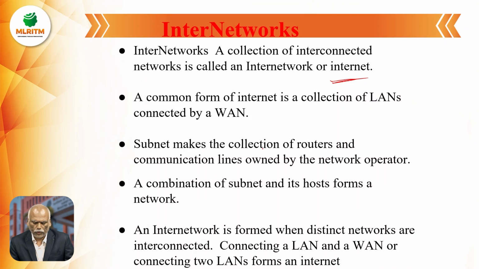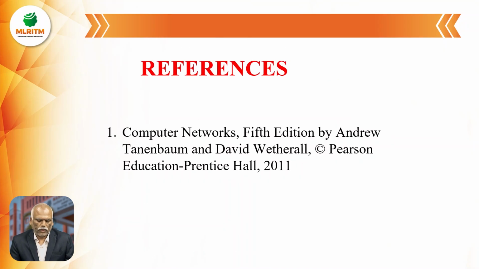A subnet is the collection of routers and communication lines owned by the network operator, whereas local area networks are implemented privately. A combination of subnet and its hosts forms a network. A network is formed when distinct networks are interconnected, connecting a LAN and WAN or connecting two LANs. So that's all for network hardware.